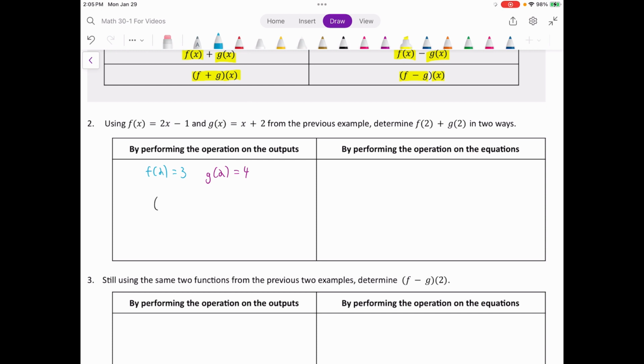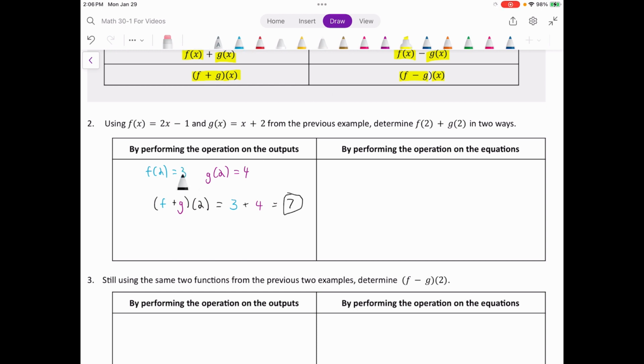That just means f plus g of 2 is going to be 3 plus 4, right? Which is, of course, 7. So f plus g of 2 is 7.